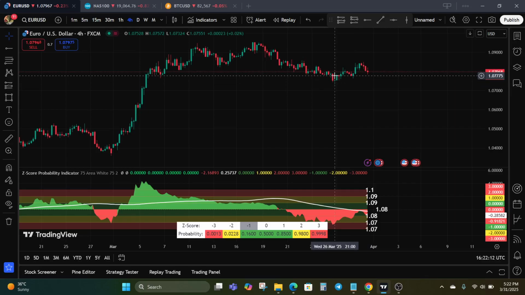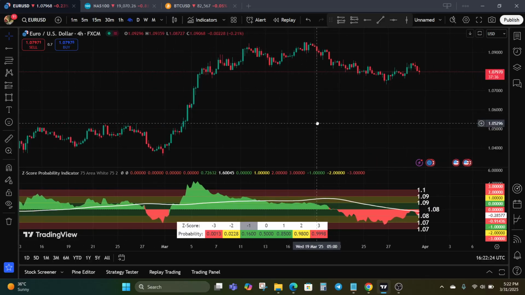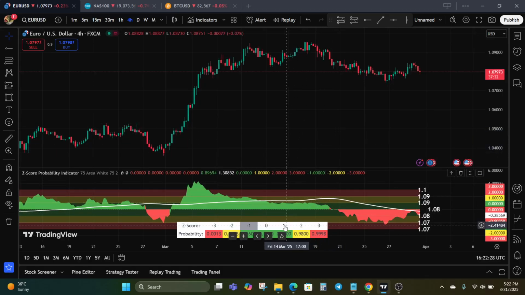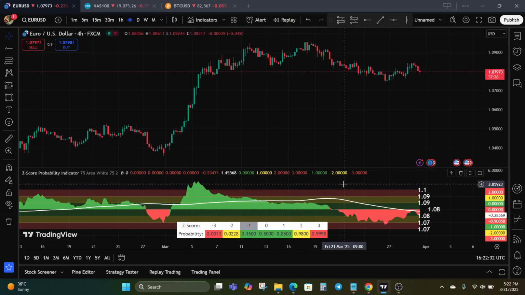Now, the Z-score measures how far the current price has moved from its historical average in standard deviations. This statistical concept helps traders determine whether price movements are normal or extreme.